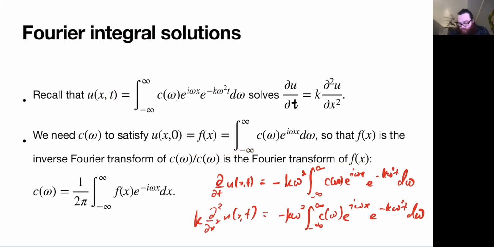And so f of x is going to be the inverse Fourier transform of these constants c omega. Or going the other way, by virtue of some of these Fourier identities, c omega is going to be the Fourier transform of f of x.